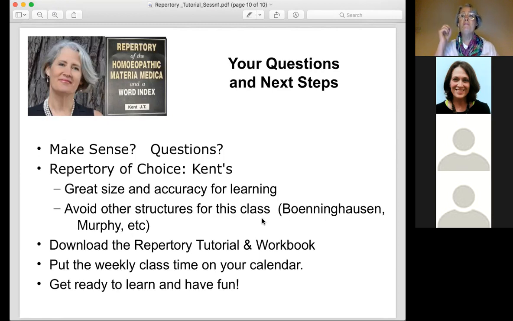And so we have an amazing opportunity to see Materia Medica both from the ball of wax of here's everything about that substance, and also kind of inside out, here's everything about this symptom. And that's what we're going to be developing good skills with. Okay, any questions?